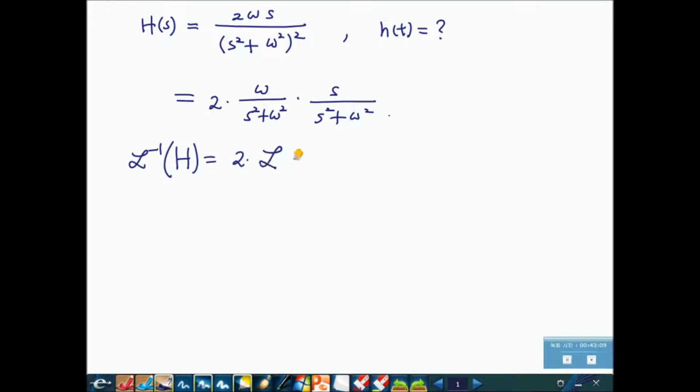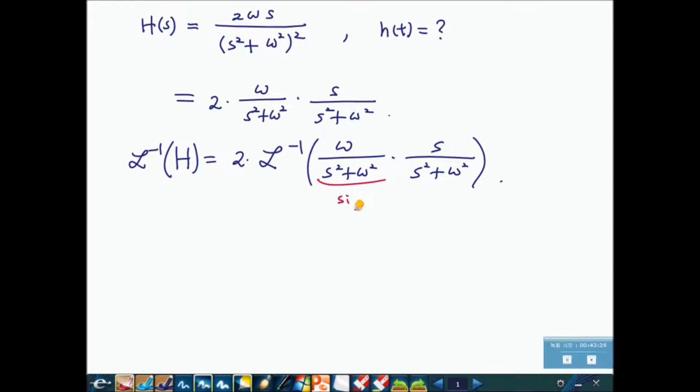2 times inverse Laplace transform of omega over s squared plus omega squared times s over s squared plus omega squared. And each one is, what? This is sine omega t, and this is cosine omega t.